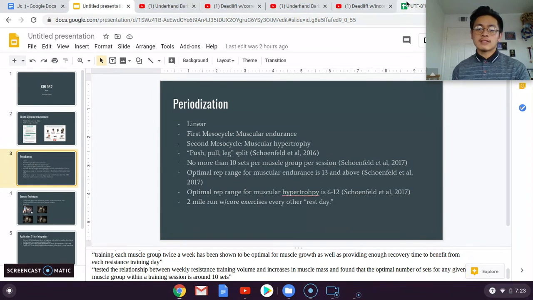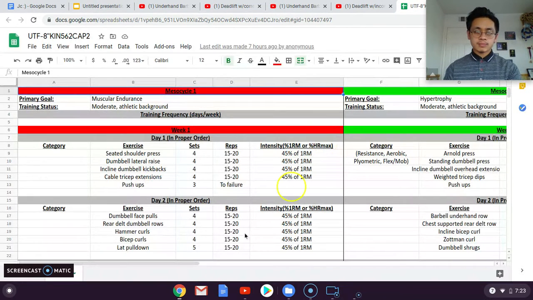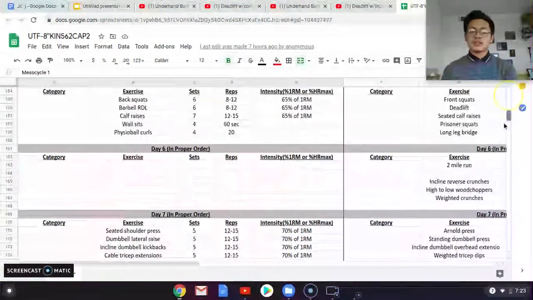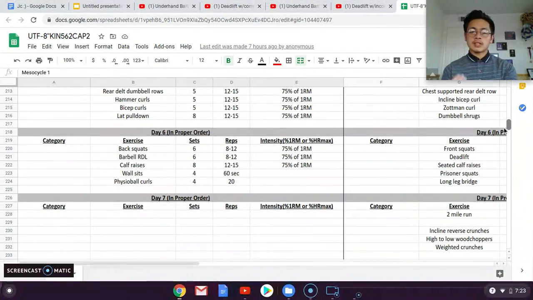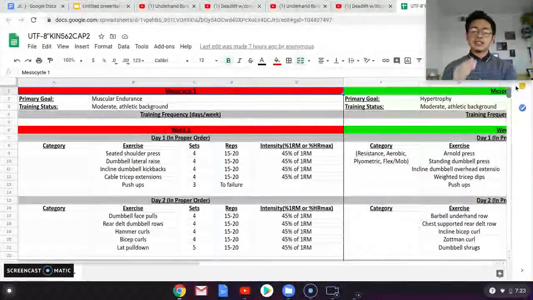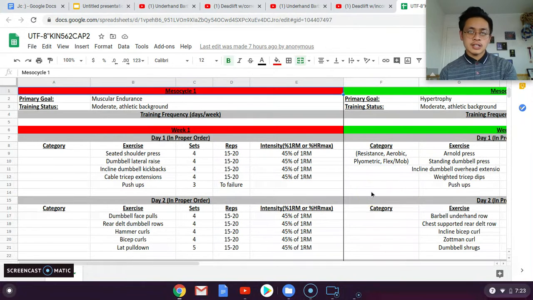So I did have to make some changes to my program prior to this presentation. I still kept the rep range around 15 to 20, but I did increase the level of intensity. It was 30% before, now I bumped it up to 45%, and then near the end of the first mesocycle, we ended with 75%, just so that it's an easy transition into my second mesocycle, which is hypertrophy.